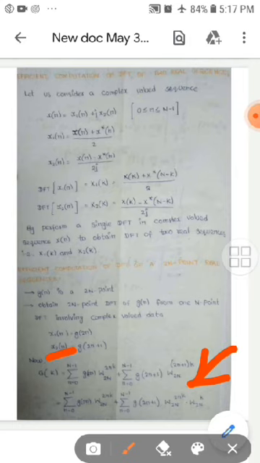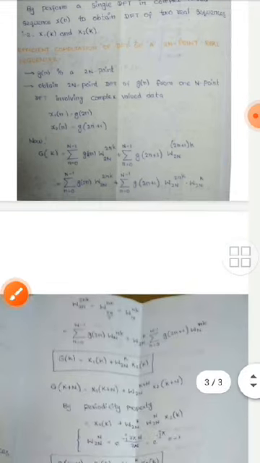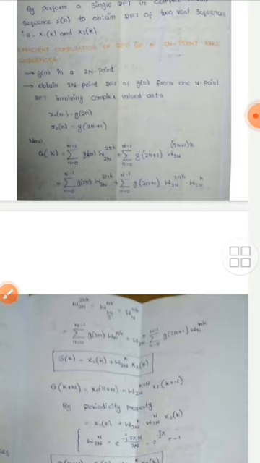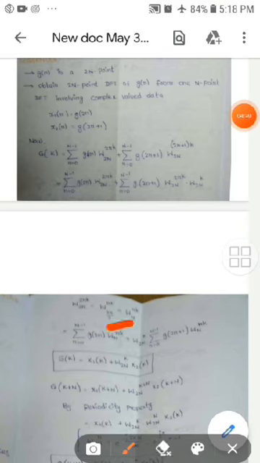So we can simplify this: summation g of 2n W 2N to the power of 2nk plus summation g of 2n plus 1 into W 2N to the power of 2nk into W 2N to the power of k. Here W 2N to the power of 2nk we can write as W 2N by 2 to the power of nk. So the 2 cancels, and finally W N to the power of nk.